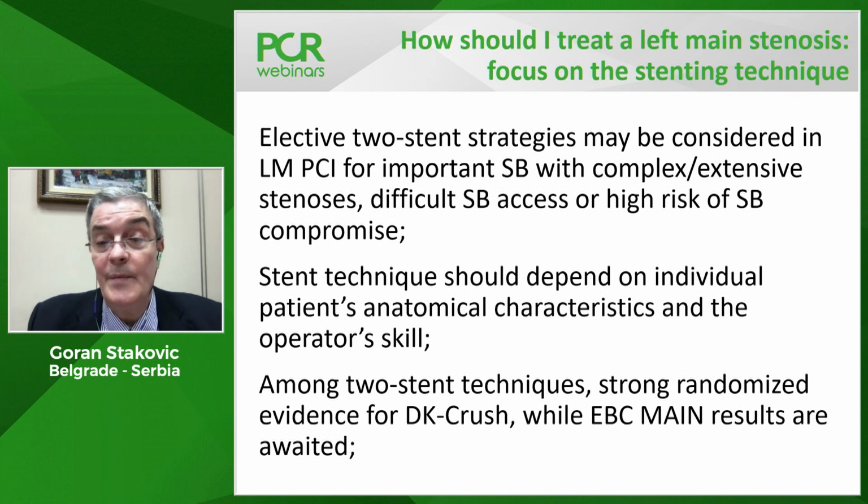Stenting technique should depend on individual patient's anatomical characteristics, but of course on the operator experience and skill. Among 2-stent techniques, there is already strong randomized evidence for DK crush, while European Bifurcation Club left main results are eagerly awaited, and we will be very happy to share those results with you at the next PCR 2021.